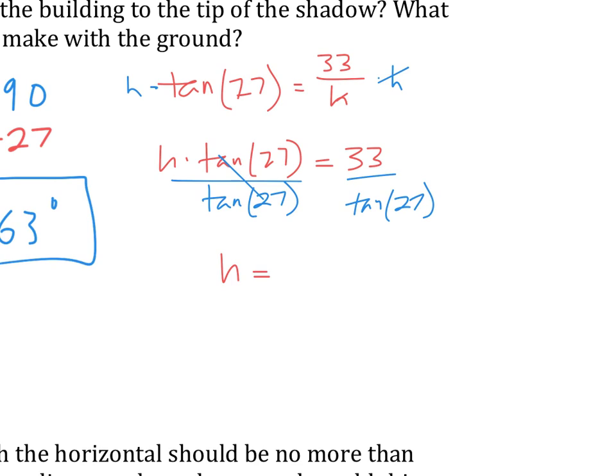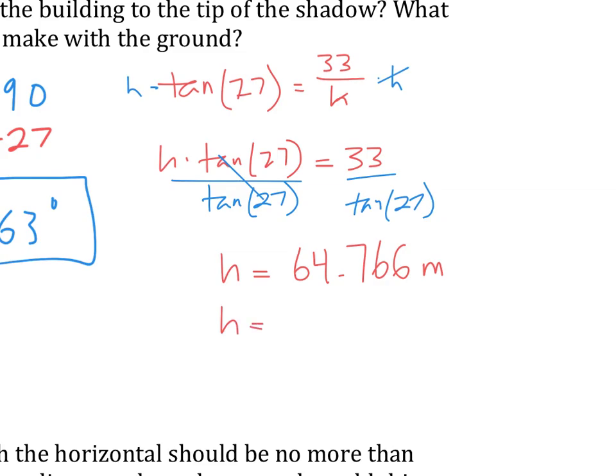So H equals 33 divided by the tangent of 27, which is 64.766 meters.